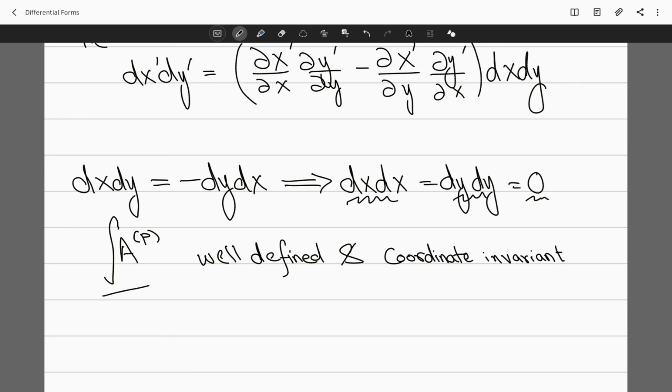Now, at the beginning, I also mentioned that we will talk about the physical significance of differential forms.